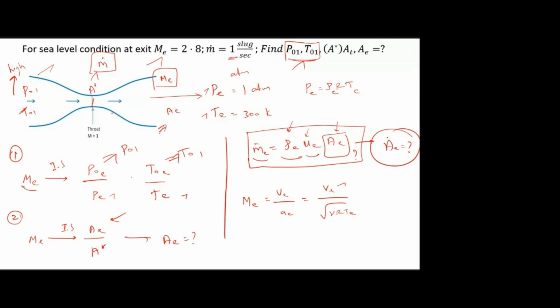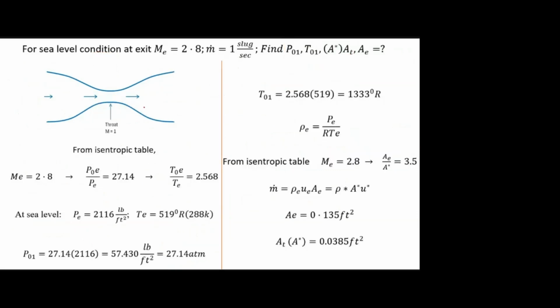Then substitute here, I will get A star, right? So from this mass flow rate, everything is known. I can find AE, substitute AE here, and I will find A star. So A star and AE are found. At sea level, PE and TE they are assuming, and from the exit Mach number they are finding the pressure ratio and temperature ratio.